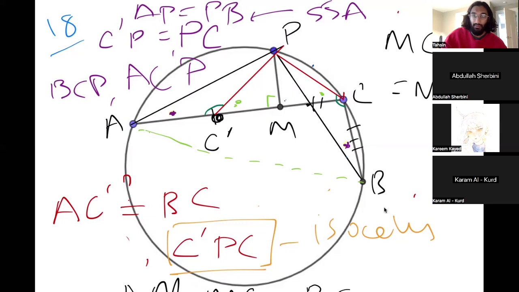And PAB is the same as PCA because they have the same arc.